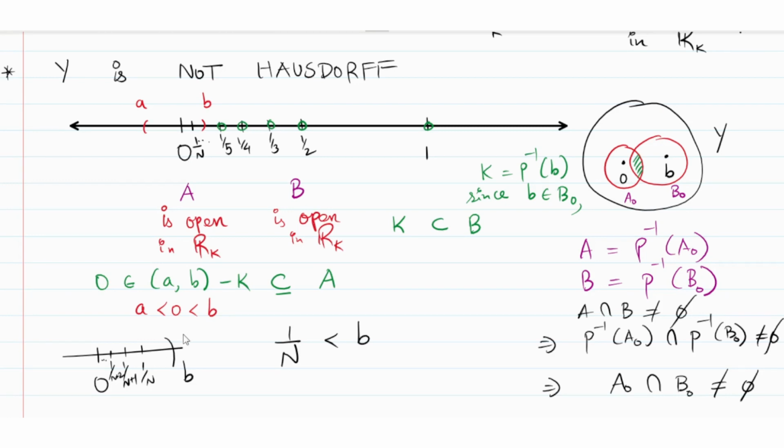And I know any basis element containing 1 by n should be of the form (c, d) around 1 by n. Now clearly see that all the points from 1 by n to d are a subset of both A and B. I mean these points between 1 by n and d.